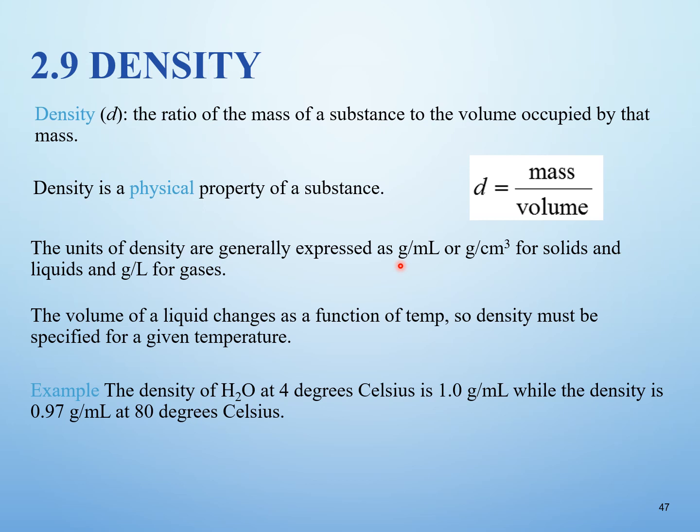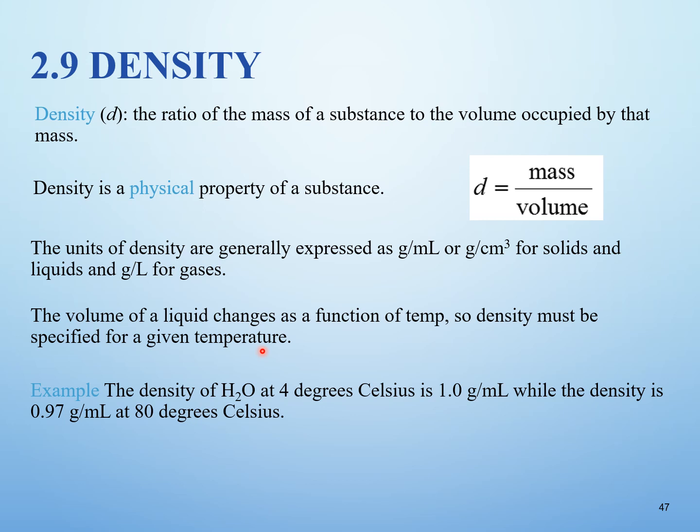So the typical units for density we use are grams per mL for liquids, grams per centimeter cubed for solids, and grams per liter for gases. The volume of a liquid does change as a function of temperature, so density is given for a specific temperature.